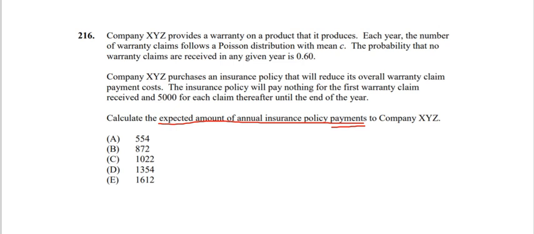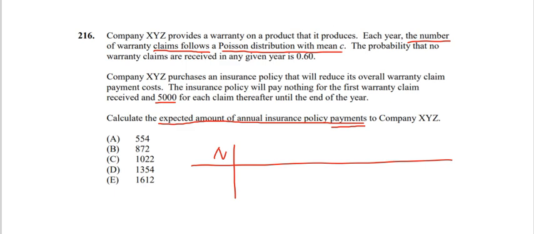The payment each time is 5,000, but the number of claims follows this distribution with mean C. So the number of claims can be 0, 1, 2, or infinity, right?